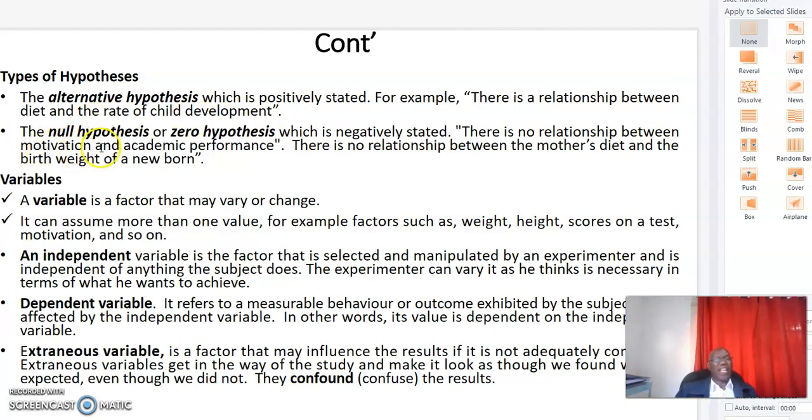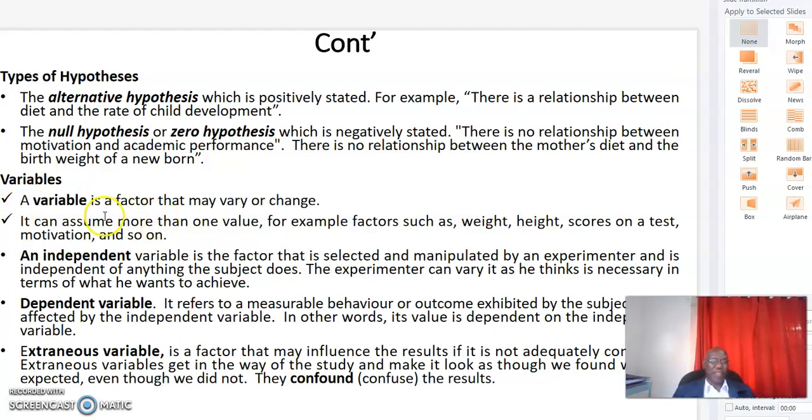The other one is the null hypothesis or the zero hypothesis, which is negatively stated. For example, there is no relationship between motivation and academic achievement, or there is no relationship between the mother's diet and the birth weight of a newborn baby.